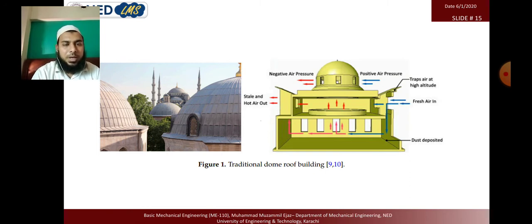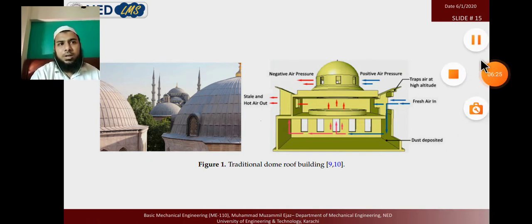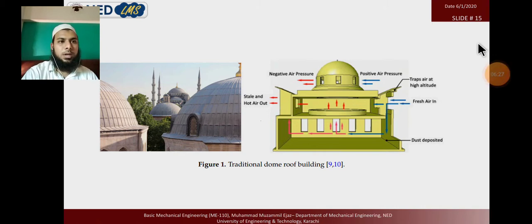Nowadays, we have a famous place in Turkey, which was first a place for Christians, a Christian prayer area, or a church in the Byzantine Empire, but Sultan Muhammad Fateh conquered it, and then it became a masjid, and for the last 500 years, people have prayed and offered namaz.